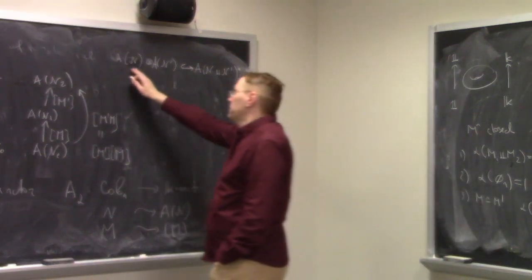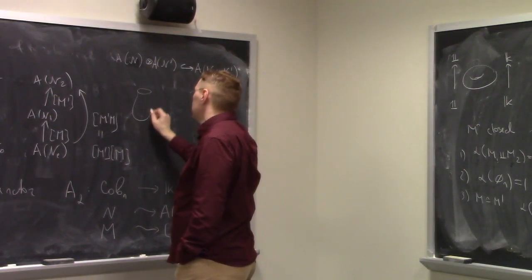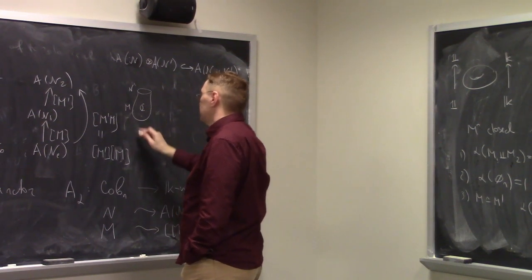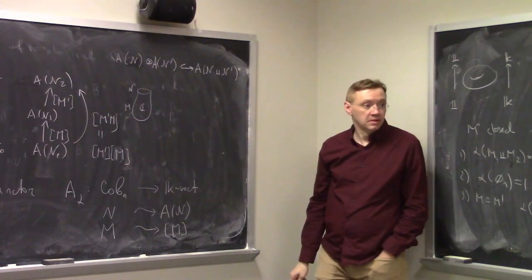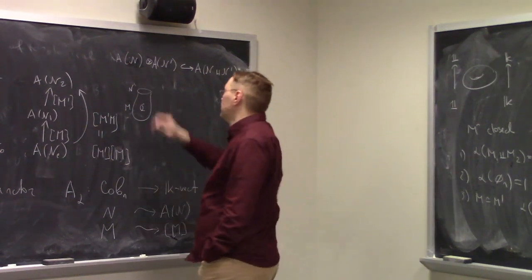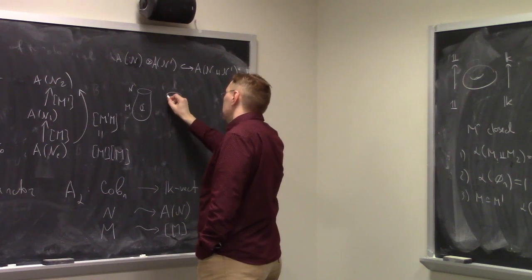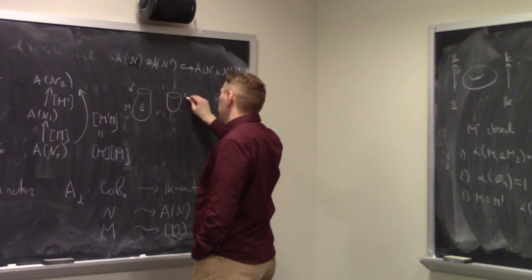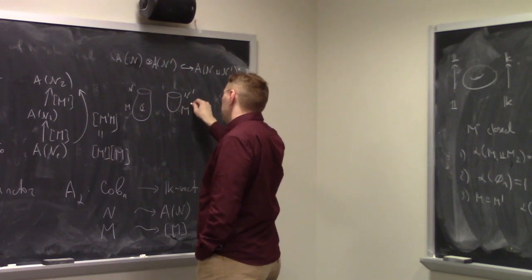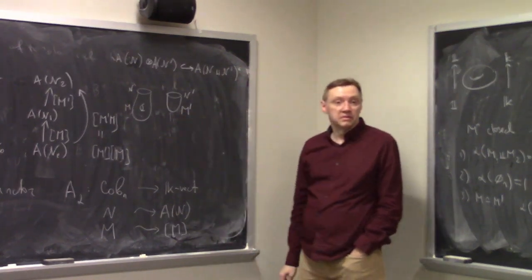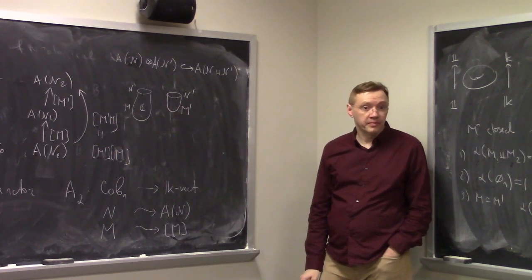Elements here are linear combinations of manifolds M whose boundary is N. They generate the space. And then some manifold M prime whose boundary is N prime. So the space is generated by vectors of this form.